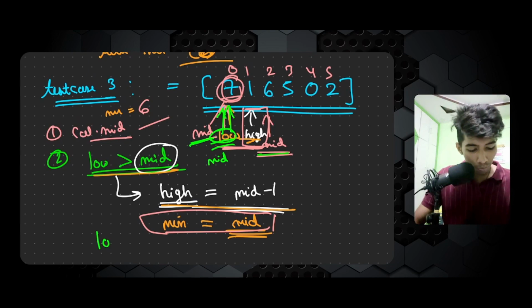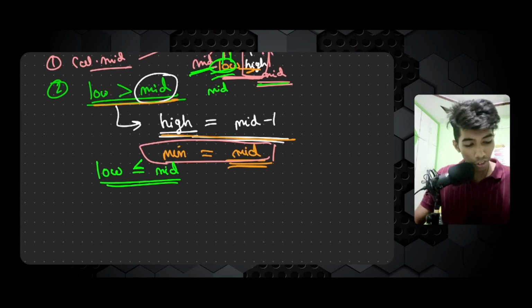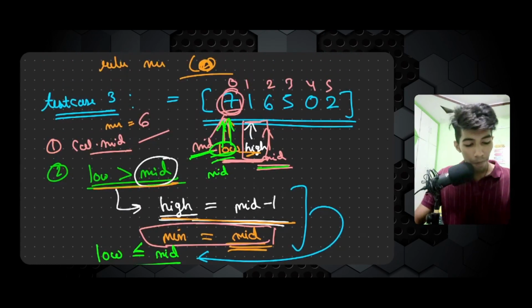So this is the case where my mid is lesser than or equal to low. Then what will we do? From this, the flow moves to here, because my mid and low are on the same point.